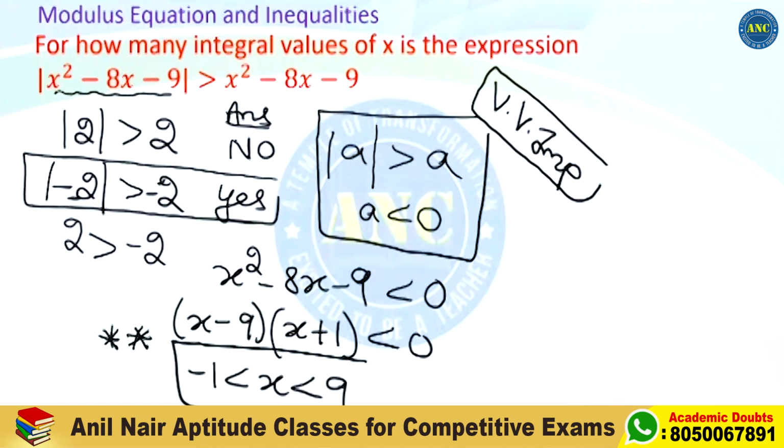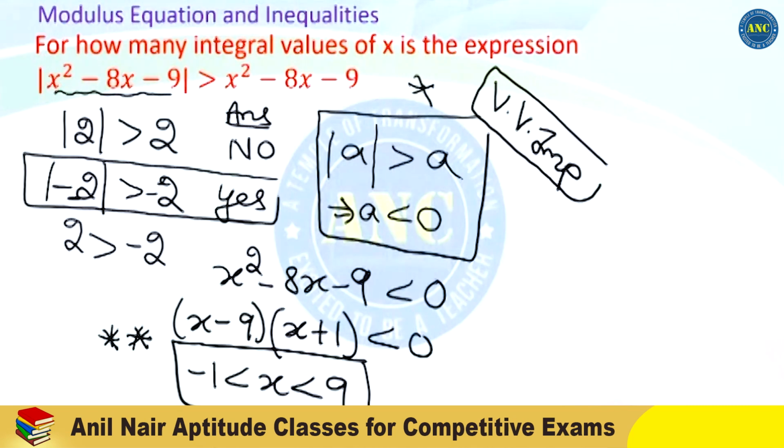Substitute any value from minus 1 to 9. Let me take x equal to 0. Then mod of minus 9 is 9. Is 9 greater than minus 9? Yes. So minus 1 less than x less than 9. If mod a is greater than a, the condition that will be satisfied is a less than 0.